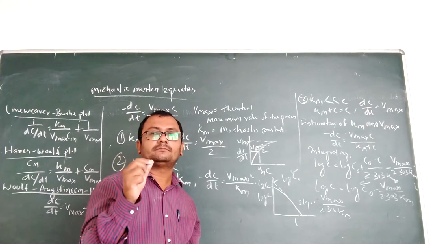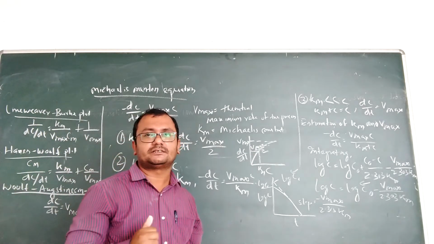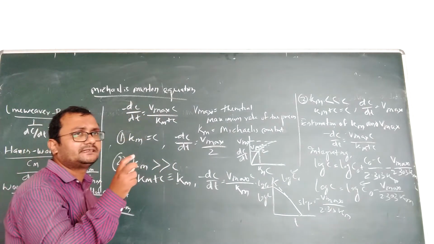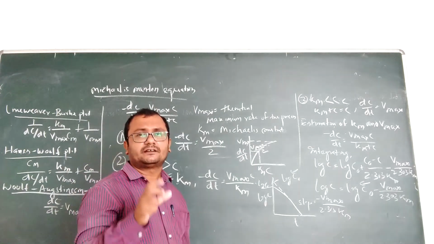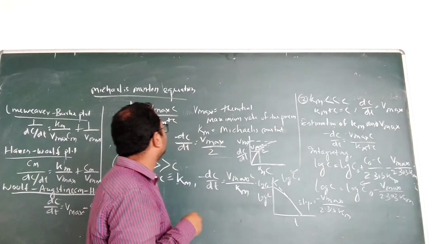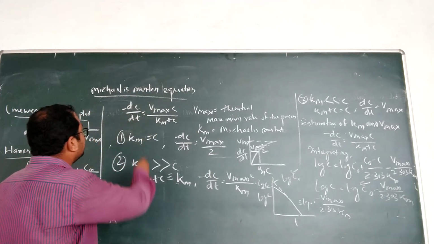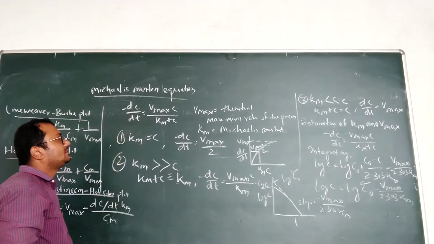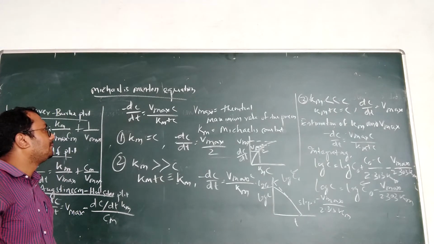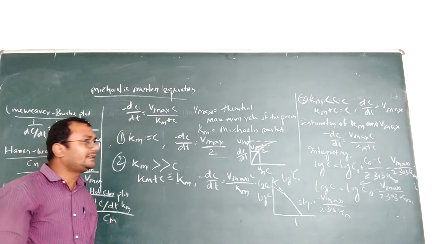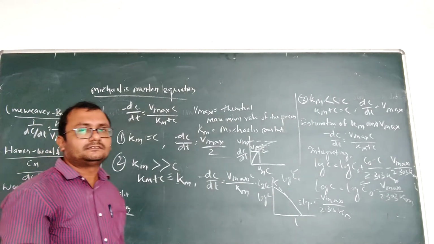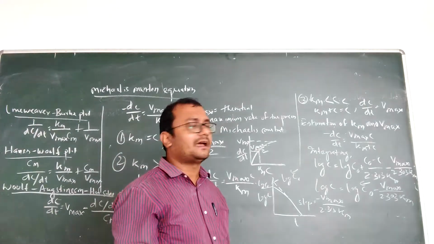For enzyme immobilization also we are using this equation. But with this, let us discuss the uses of the Michaelis-Menten equation for the determination of different pharmacokinetic parameters. The equation is minus dC by dt equals Vmax C divided by Km plus C. Minus dC by dt means the decline in concentration with respect to time.